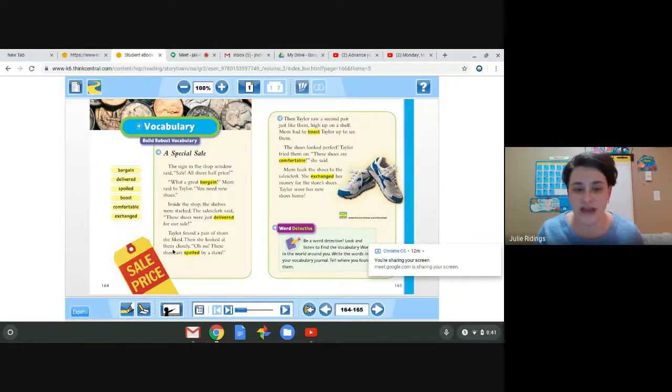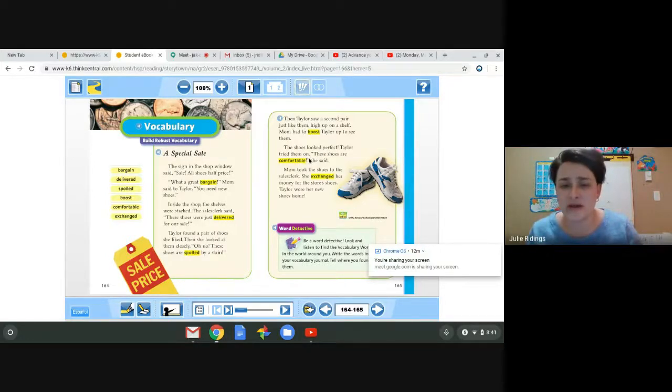Taylor found a pair of shoes she liked. Then she looked at them closely. Oh no, these shoes are spoiled by a stain. Then Taylor saw a second pair just like them, high up on the shelf. Mom had to boost Taylor up to see them. The shoes looked perfect.